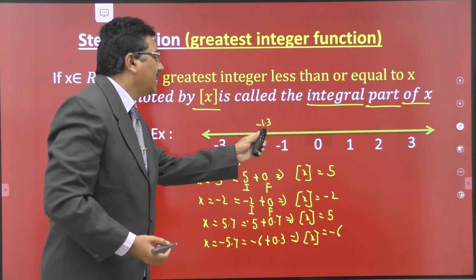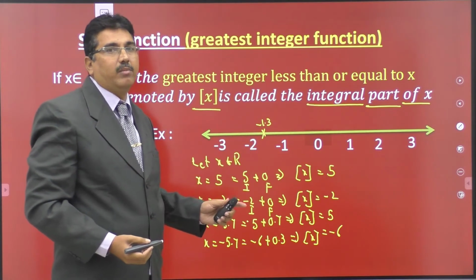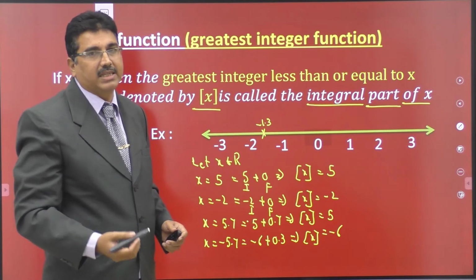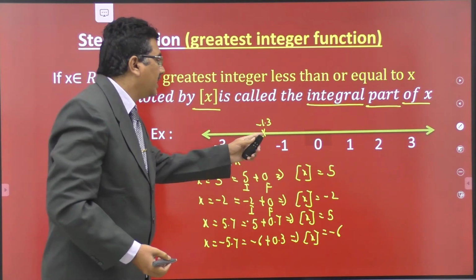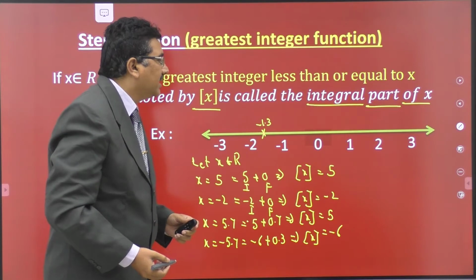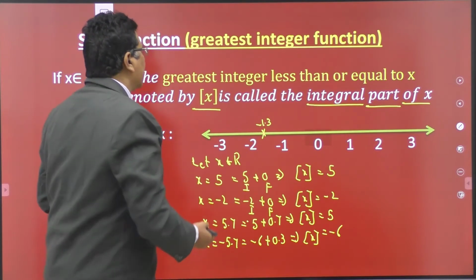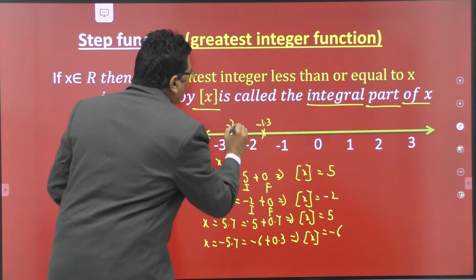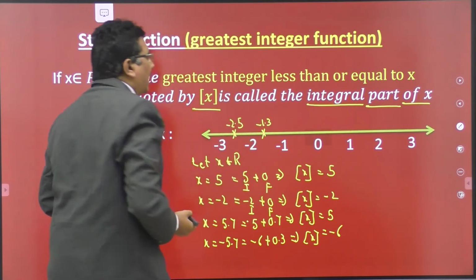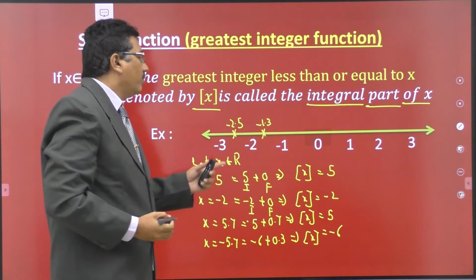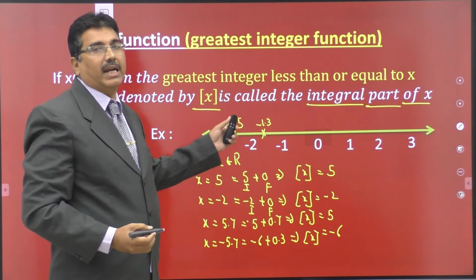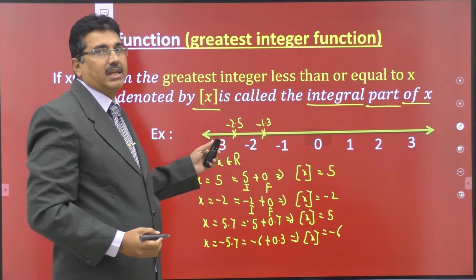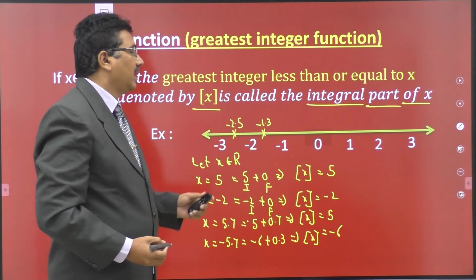The immediate left integer is box x. The immediate left integer is minus 2. What is the integral part, or the box x value, of minus 2.5? That is the immediate left integer, which is box x.